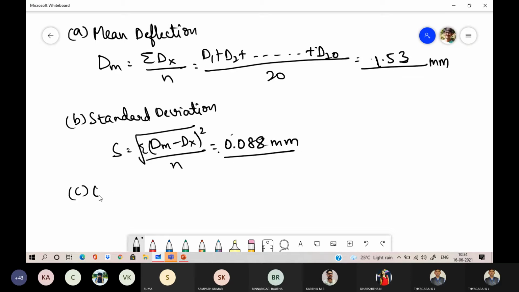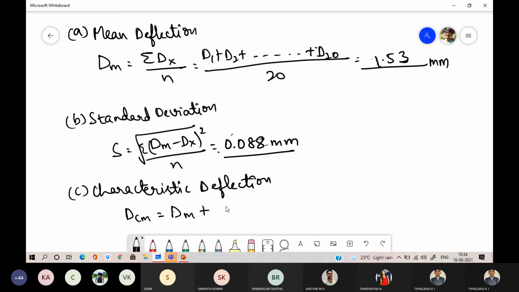Then last one is the characteristic deflection. DCM is equal to dm plus 2s. Use this formula. dm is 1.53 plus 2 into 0.088. So calculate. So check it. Are you getting the standard deviation as 0.088?